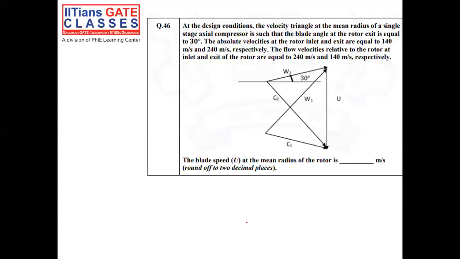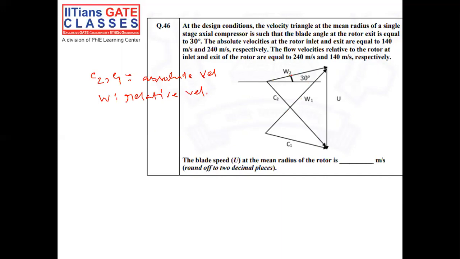Next question. So here, for an axial compressor stage, the velocity triangle has been given, and we are asked to find out the blade velocity. Here C2 and C1 are the absolute velocity components, and W1 and W2 are the relative velocity components.